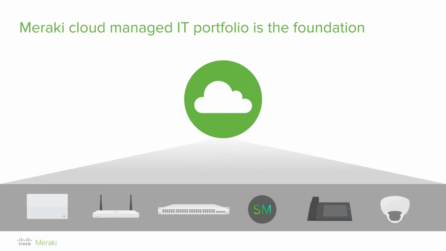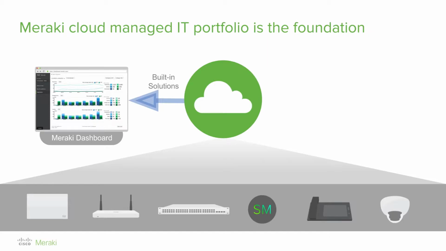So Cisco Meraki offers 6 different product lines today: wireless, MX security appliances, MS switches, systems manager, the MC phone, and the MV camera. The MR wireless is one of the leading, most sold access points on the market today. Now, all of these products are managed on a single Meraki dashboard.